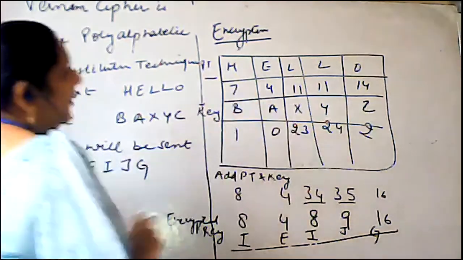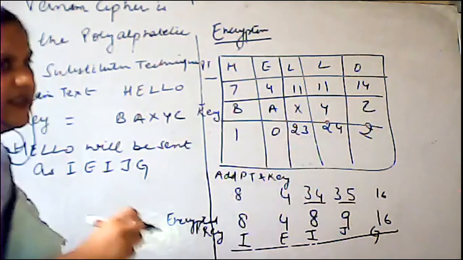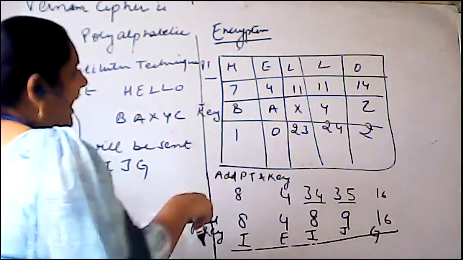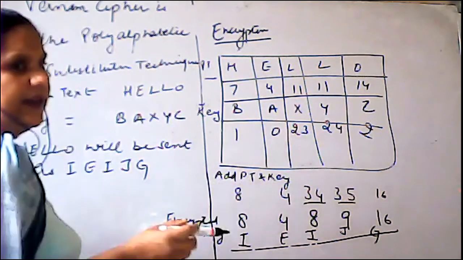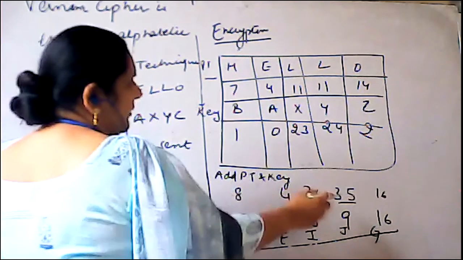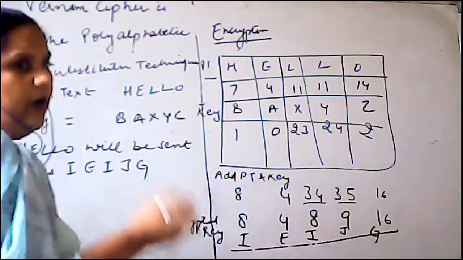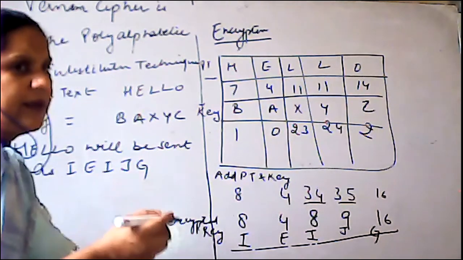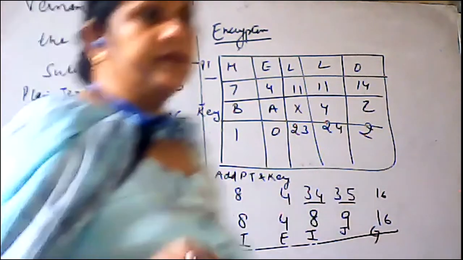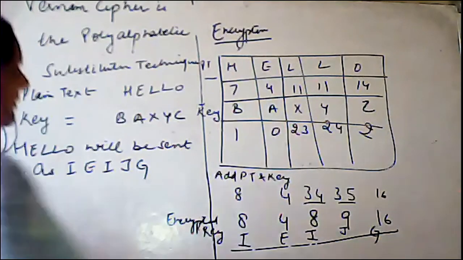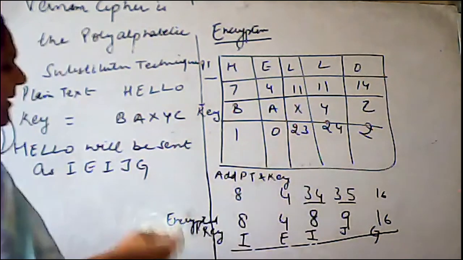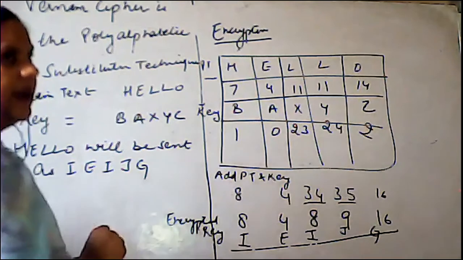Hello. Then find the corresponding numbers of these alphabets. Then key, find the corresponding numbers of these alphabets. Add plain text and key. You will get something like 8, 4, 34, 35, and 16. Now, wherever the figure is greater than 26, subtract 26 from it. Then you will get the figure as 8, 4, 8, 9, 16. And find the corresponding alphabets. You will get I, E, I, J, G.